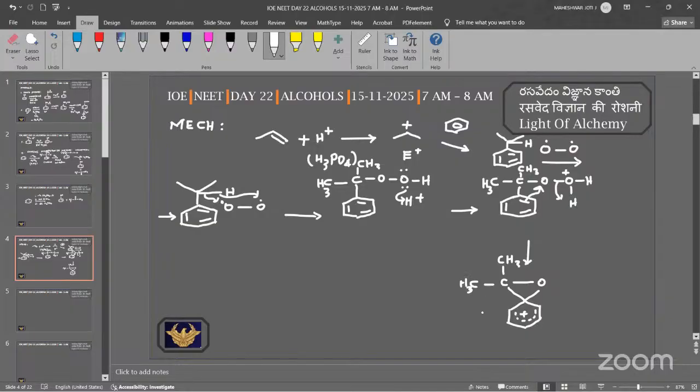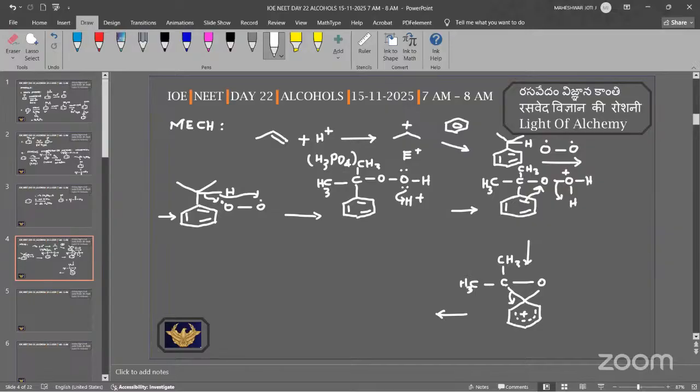Now in the next step, see this isopropyl carbon and benzene carbon bond cleaves. That electron density will be donated into the benzene ring. Then the positive charge in the benzene ring will be nullified.